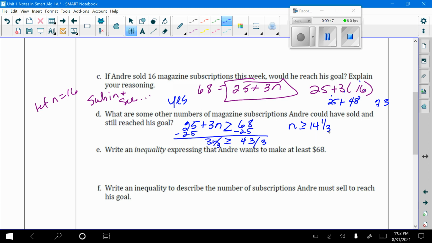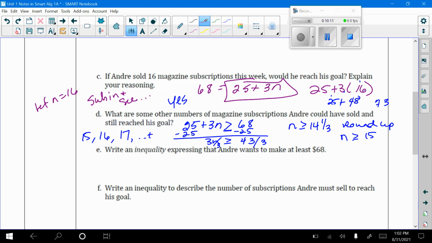Well, you can't sell part of a subscription, so we're going to have to round up. Make it reasonable. So he needs to sell basically 15 or more. So other numbers that would reach his goal would be 15, 16, 17, and up.